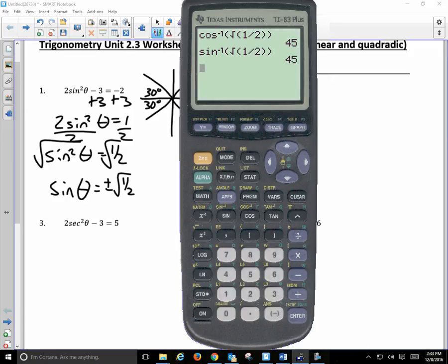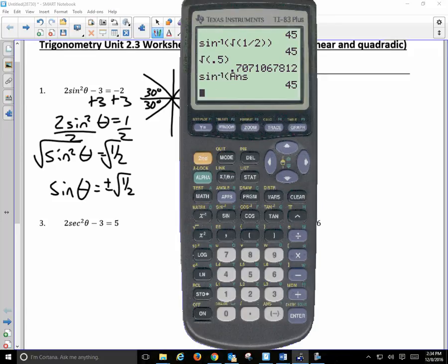If you don't have a calculator like I do, then we gotta figure out how to do that. Just make this into a decimal over here. So if I go square root of 1 divided by 2, or on your calculator, let's say you did square root of 0.5, you're going to get 0.7071. So you would then sine inverse that, and you're going to get 45.